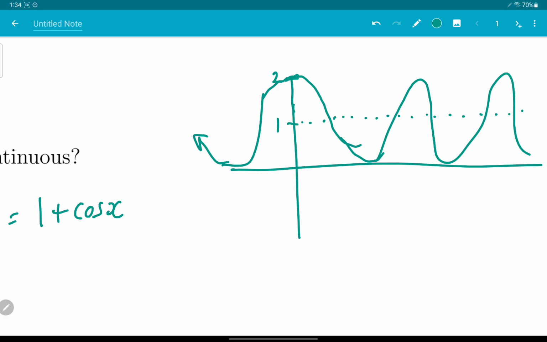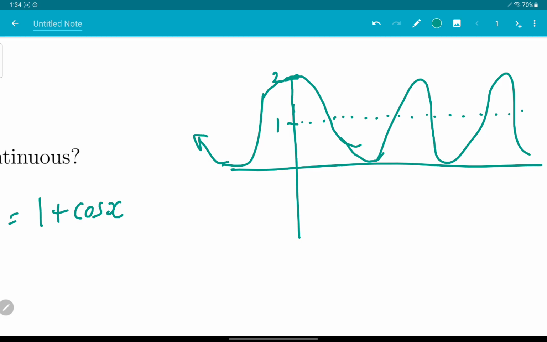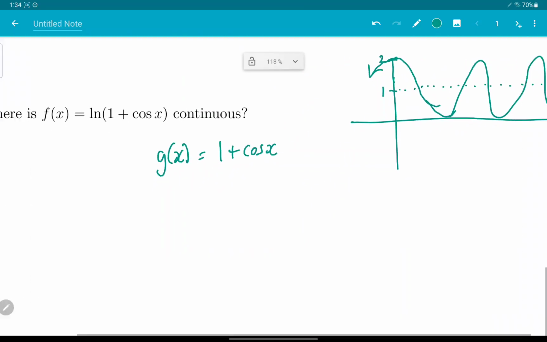Anyways, the point of this is that I can draw this function without lifting my stylus, or without lifting my pencil or pen or marker or whatever you're using. So this is a continuous function, and it goes on forever in both directions. So this function is continuous everywhere. So we'll write that down. So g of x is continuous, cts, everywhere.